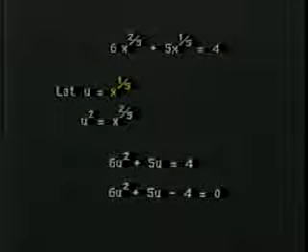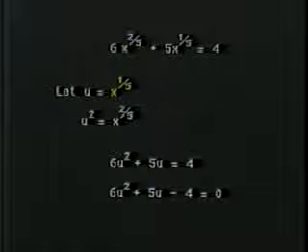Now here's a different looking problem. Rather frightening, actually, but it's done exactly the same way. First, we find a substitution that will change it into a quadratic. And here's the key. We let u equal x to the 1/5 power, and then u squared is x to the 2/5 power.